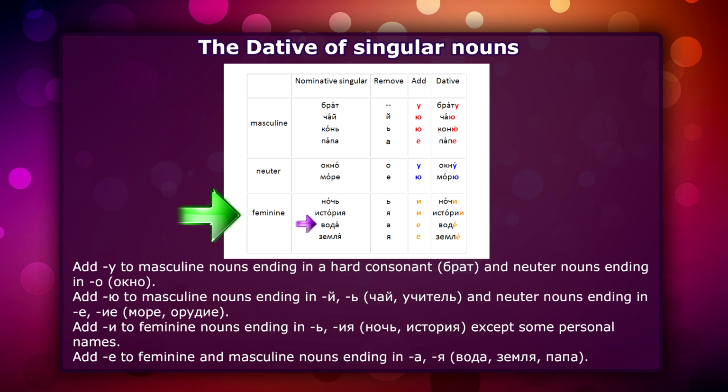If it ends in a, we remove it and add ye. Вода, воде, like папа, папе. So it is the same here. When a feminine noun ends in ya, we remove it and add ye also. Земля, земле. If a noun ends in iya, we change it into i.